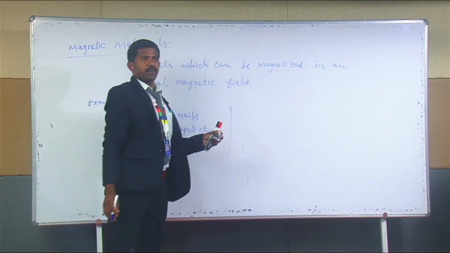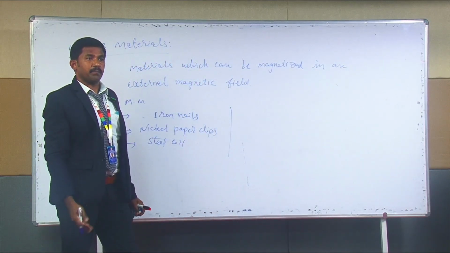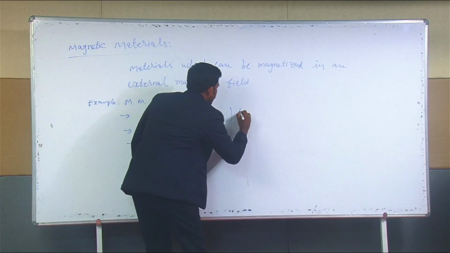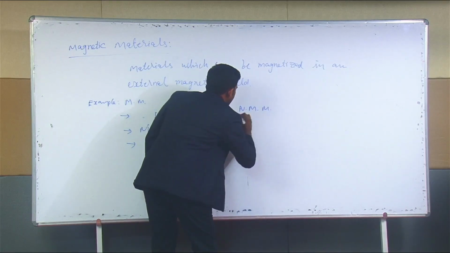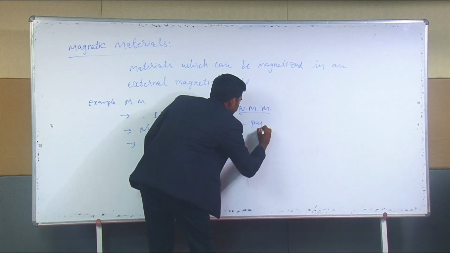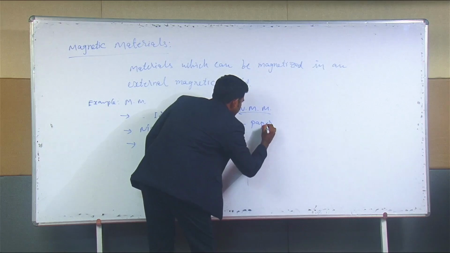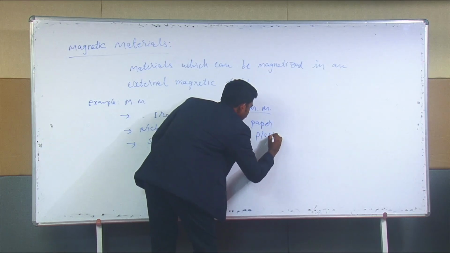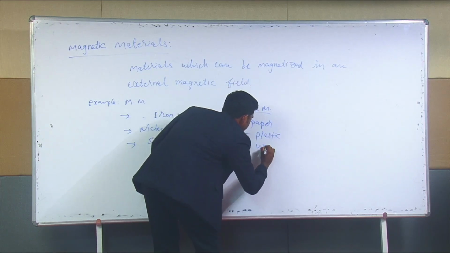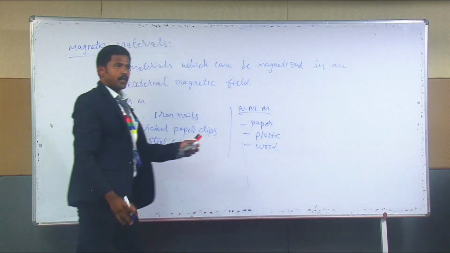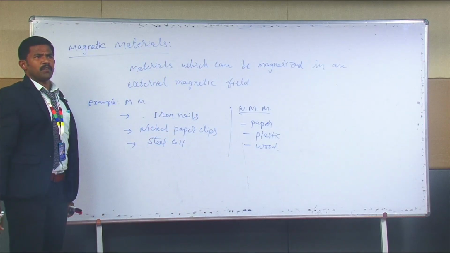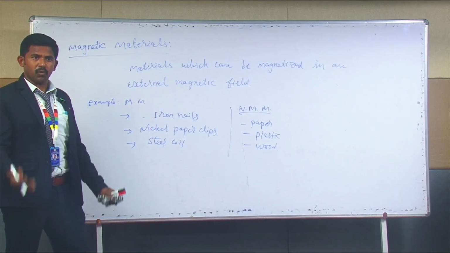Whereas non-magnetic materials are paper, plastic, wood, etc. Usually we played with magnets in our school life.